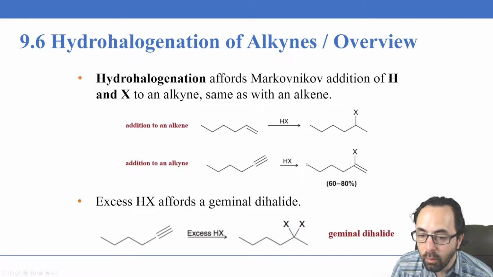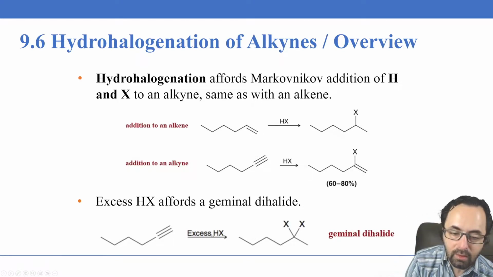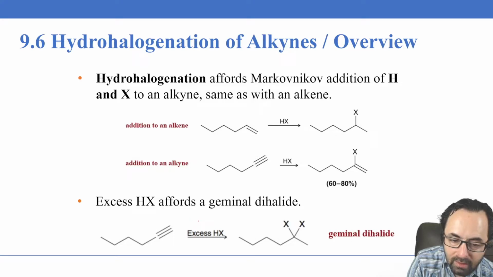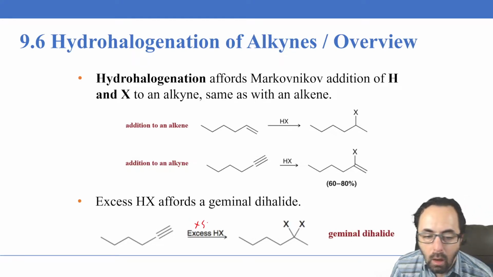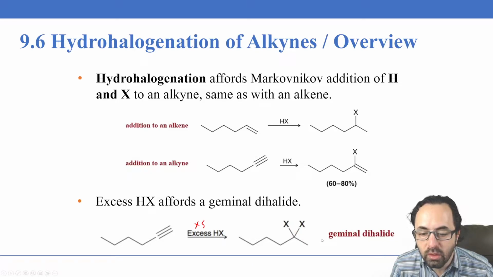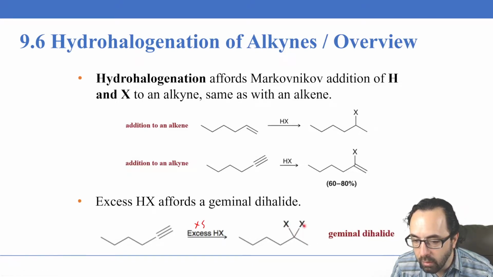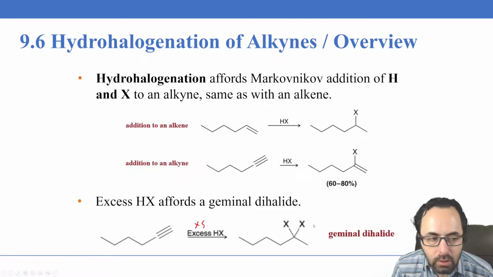If we use excess HX, sometimes we'll say excess or we'll use the abbreviation XS, we can get a dihalide, and so in that case, we get two halogen atoms attached at the more substituted position. And remember, when we have two groups attached to the same carbon, we say that they are geminal. So the two halogen atoms here are geminal, attached to the same carbon.